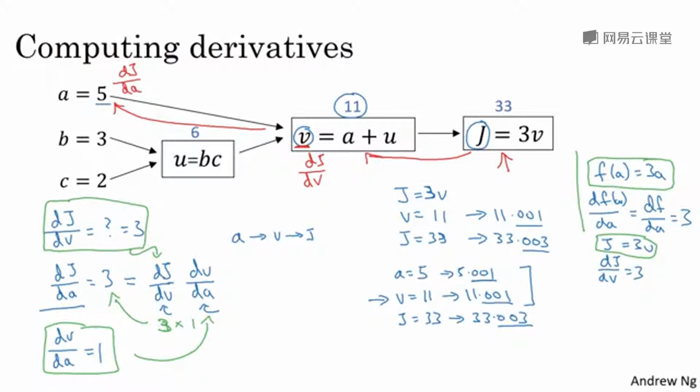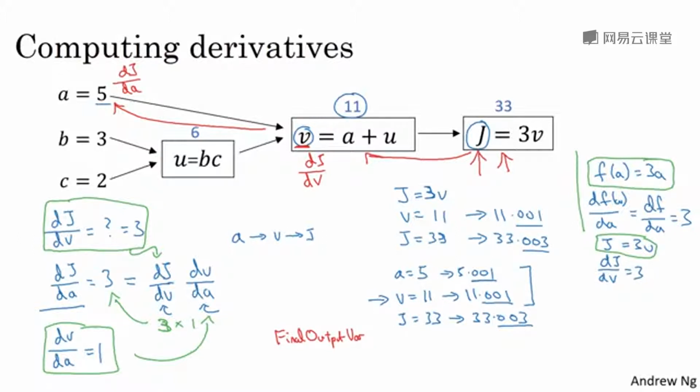I just want to introduce one more new notational convention, which is that when you're writing code to implement backpropagation, there'll usually be some final output variable that you really care about or that you want to optimize. And in this case, this final output variable is j, really the last node in your computation graph.